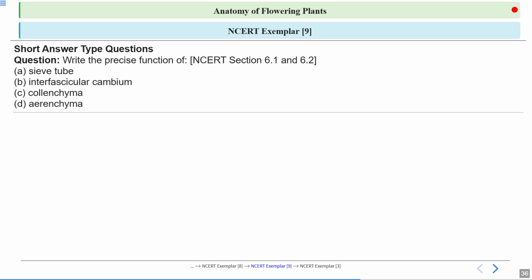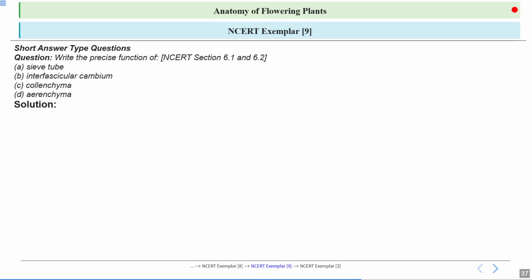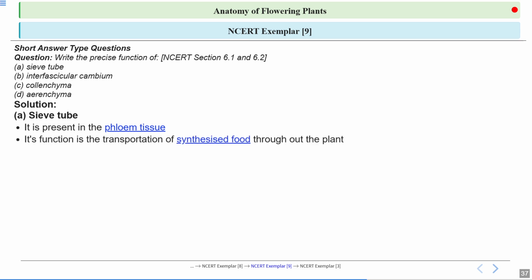Let us see the answer. First one is the sieve tube. It is present in the phloem tissue. Yes, it is a part of the phloem tissue, a type of complex tissue. Its function is the transportation of synthesized food throughout the plant. And what is the food? Glucose.